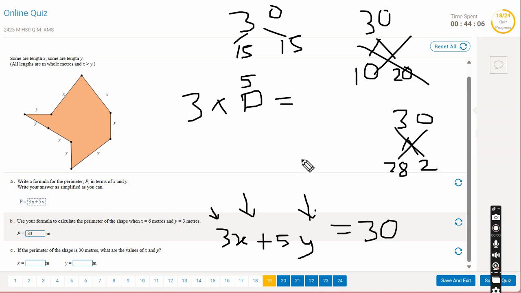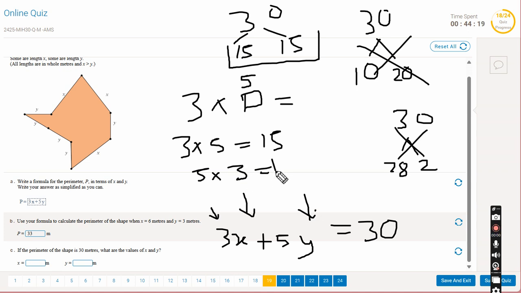So not this one. So what is the best case? It's 15 and 15. You can find that both in 3 and 5. So 3 times 5 gives you 15, and 5 times 3 will give you 15. Right? So you can find that here. For x, it will be 5, and for y, it's going to be 3.